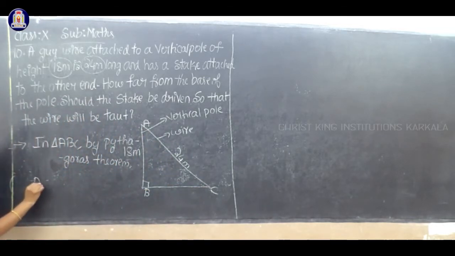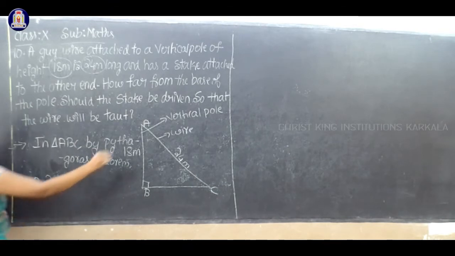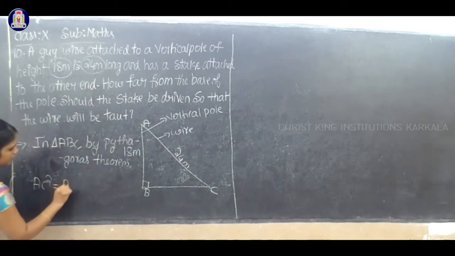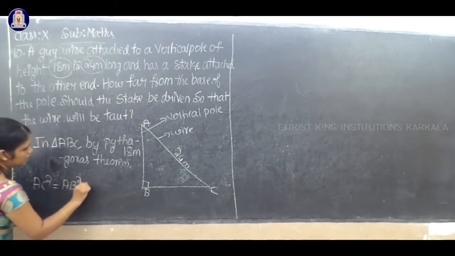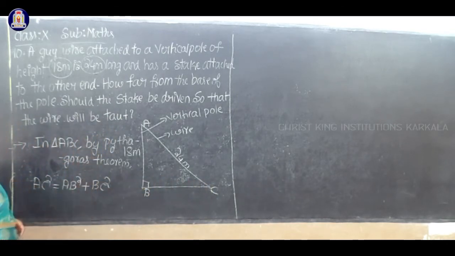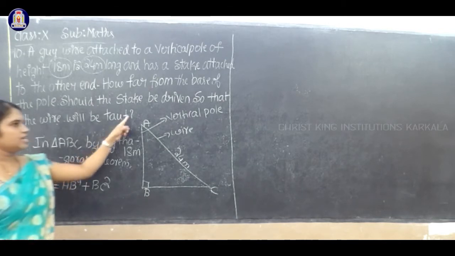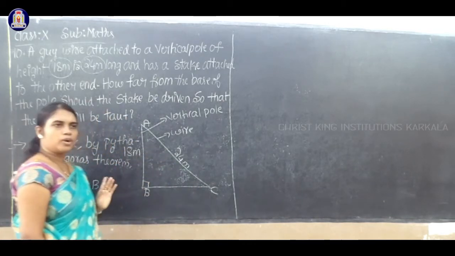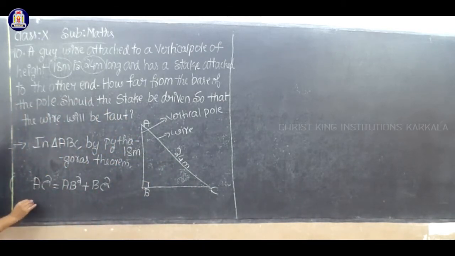So therefore AC square equal to AB square plus BC square. Yes. What is the length of AC? AC is about 24 meters. So therefore 24 whole square equal to AB square.